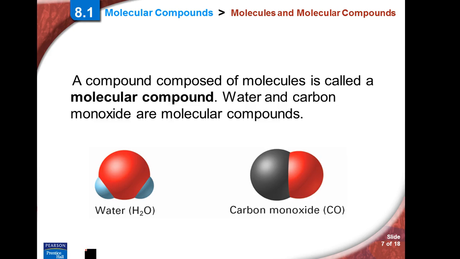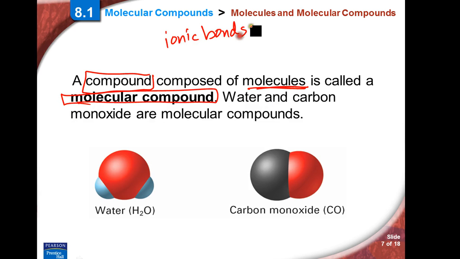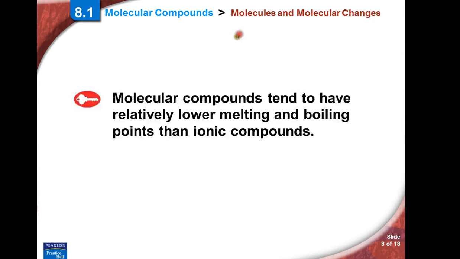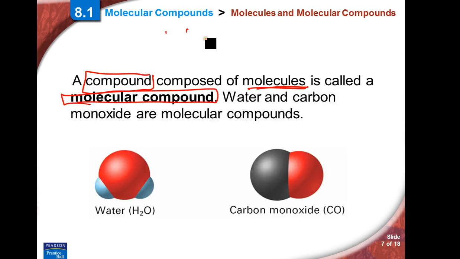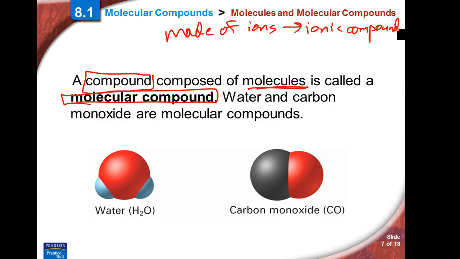Now, if a compound is composed of molecules, it's called a molecular compound. Just as if a compound was made of ions, it is also therefore an ionic compound.